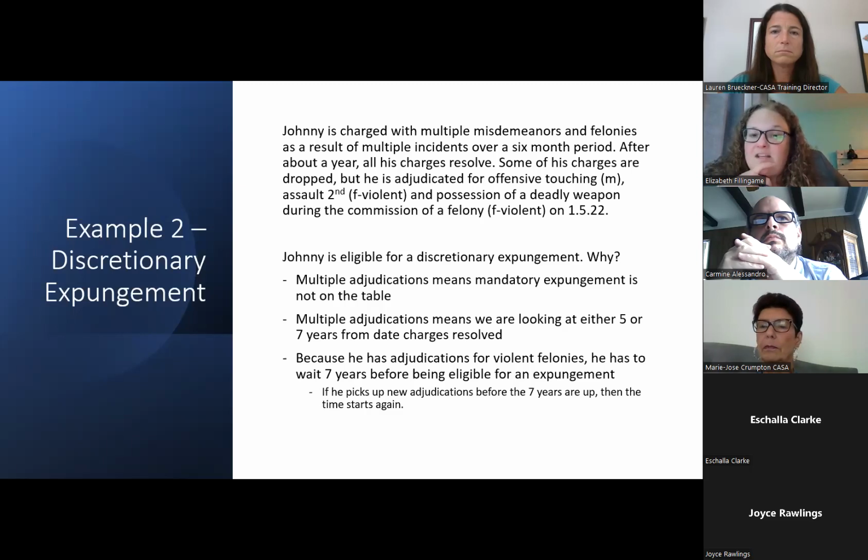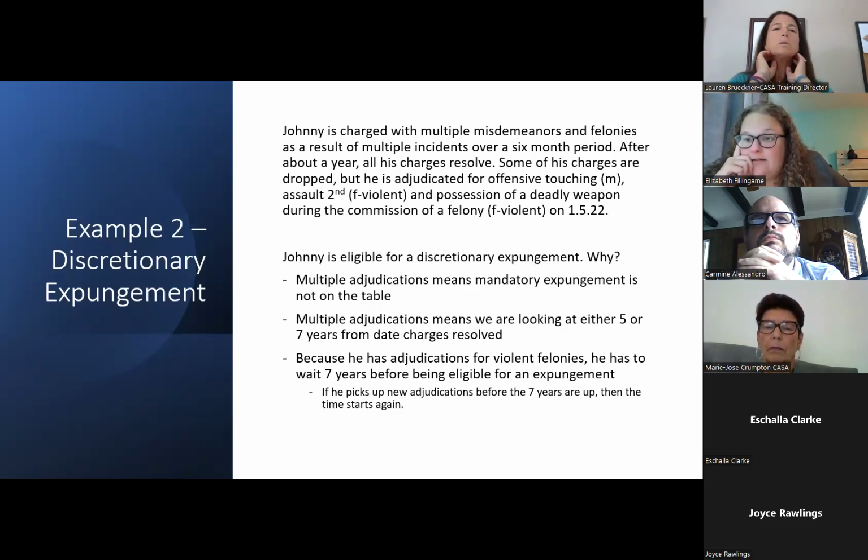And then he's good for 2 years. He doesn't have any other issues, hasn't picked up any new charges, but he doesn't qualify for 7 years. And then when he's 16, he picks up another charge and ultimately is adjudicated. At that point, his 7 years starts over.